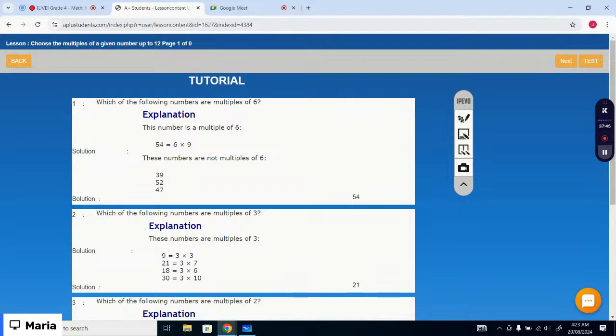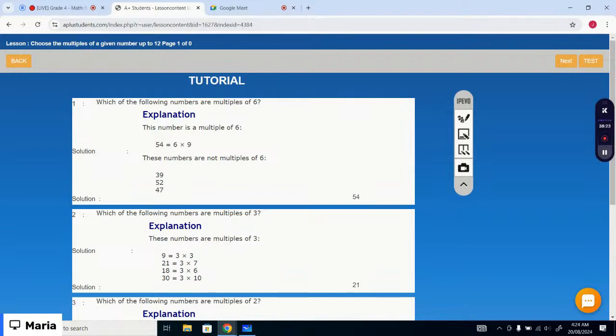Which of the following numbers are the multiples of 10? So first thing you need to learn is what are the multiples? A multiple is a number that we get when we multiply one whole number by another whole number, right?